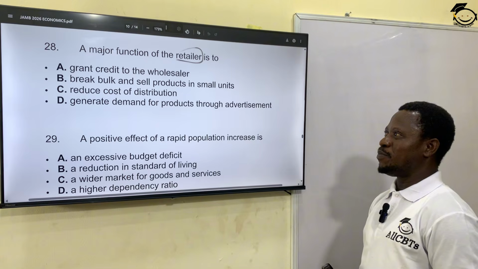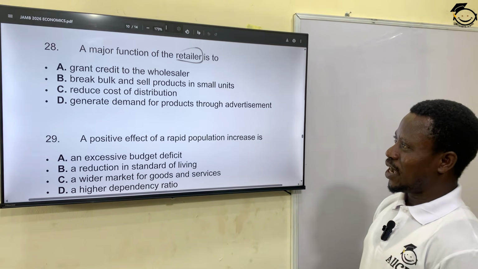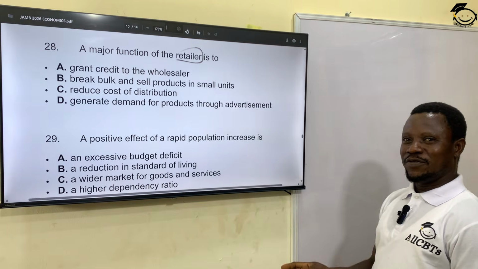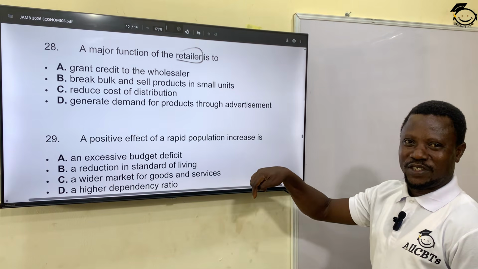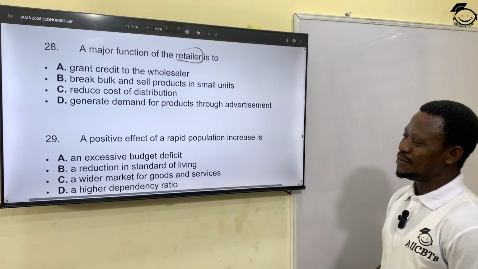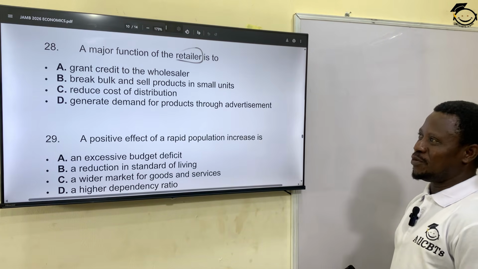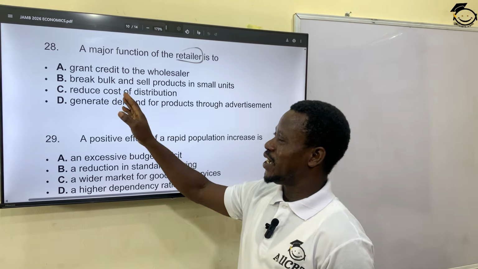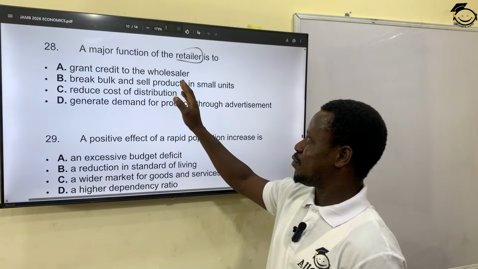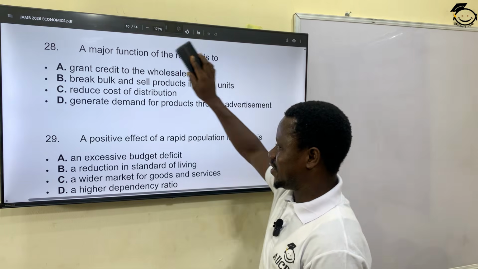B, break bulk and sell products in small units. C, reduce cost of distribution. How? They are even increasing it, because they add their own profits on whatever they buy from the wholesaler. So they're increasing the cost. D, generate demand for products through advertisement. The most correct answer here is break bulk and sell products in smaller units. To who? To the final consumers.